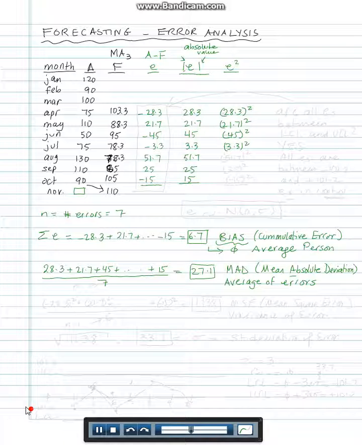We actually square the error itself, but anytime that you square a negative, it becomes positive anyway. So it doesn't matter the sign. At the end, they will all become positive. And then we add them up. So we add now the squares of the errors.